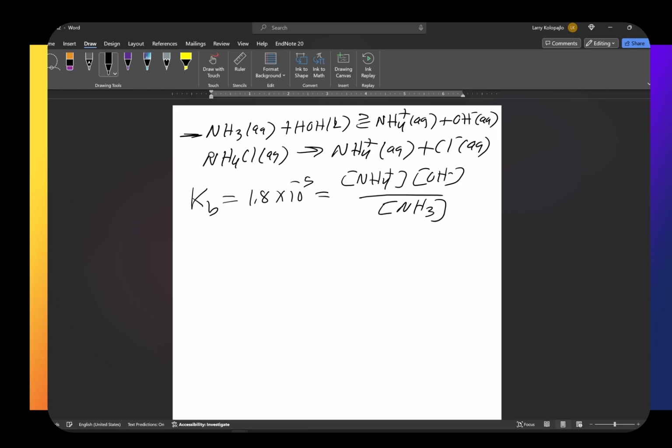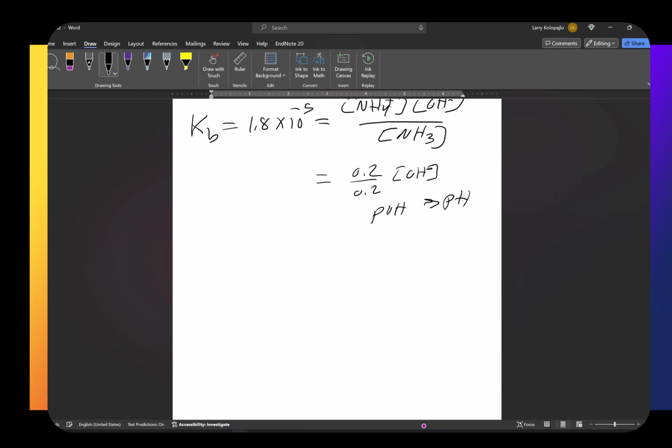Can't use x squared here because we have the ammonia given as one component at 0.2 molar in part B, and the ammonium chloride is 0.2 molar. But the hydroxide is not the same as ammonium. Since we're given the ammonium chloride at 0.2, it's at a different concentration than hydroxide. So for this particular case, it's 0.2 over 0.2 times hydroxide, so solve for OH, get a pOH, and then a pH, which is going to be higher than 14.